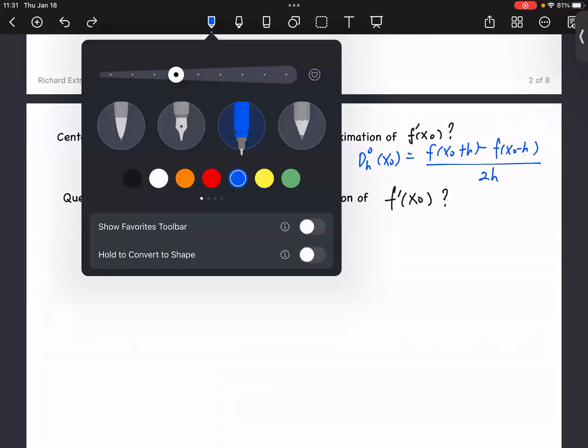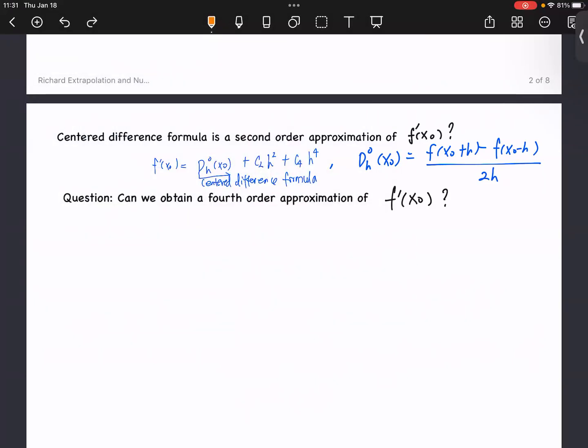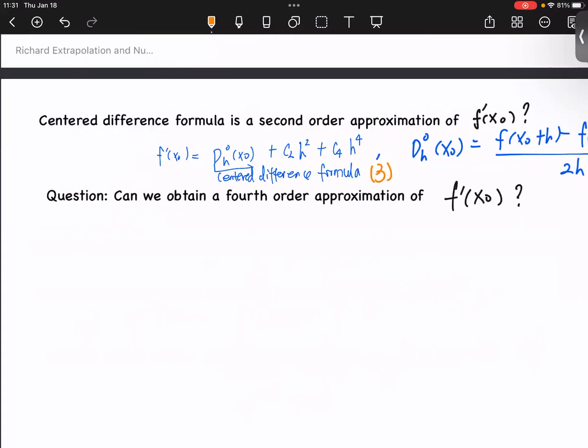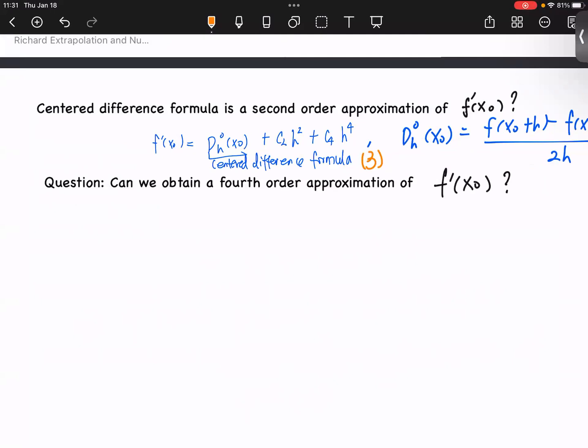Let's say this is formula 3. Instead of using the step size h, I'm going to evaluate formula 3 with the step size 1/2 of h.